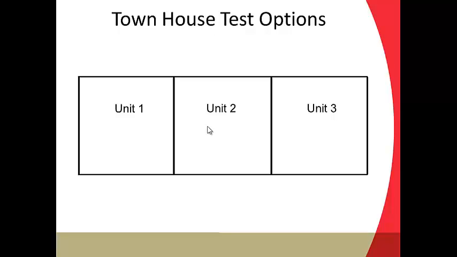Our testing options are going to be dependent on what type of building we have, and we'll start out with townhome type units or row house type units, where our only entrance to the unit is through an exterior door going into each unit, so there's no common conditioned hallway.